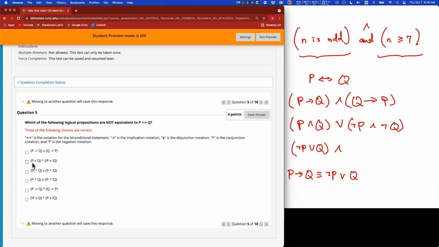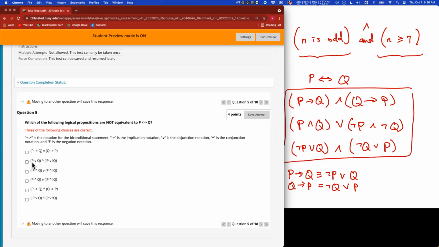And Q implies P, that will give you not Q or P. So you have not Q or P. So you know this statement is true, but the question is asking which of the logical propositions are not equivalent to P implies Q. So if you look at it, we have P implies Q or Q implies P, and we know this is false since it needs to be a conjunction.